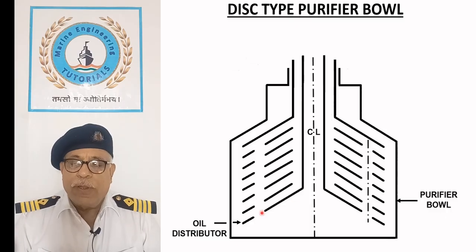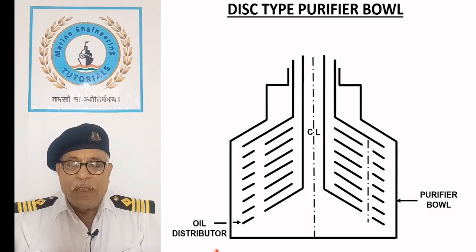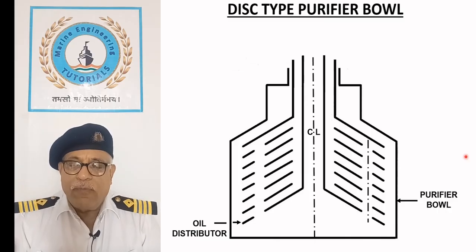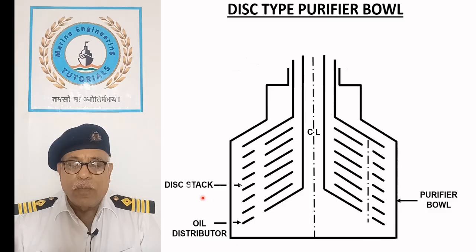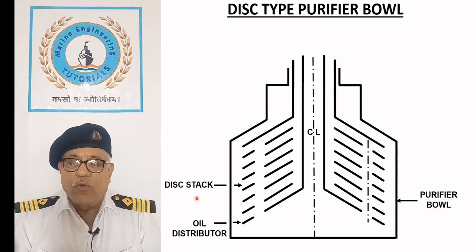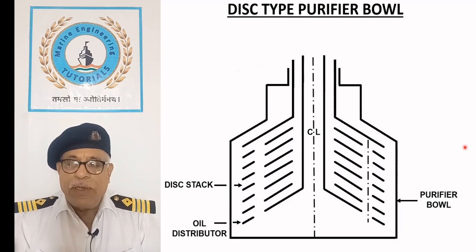An oil distributor is centrally placed inside the bowl. It supplies dirty oil for purification through the distribution holes. A stack of up to 150 conical discs spaced 2 to 4 mm apart is mounted on the oil distributor.